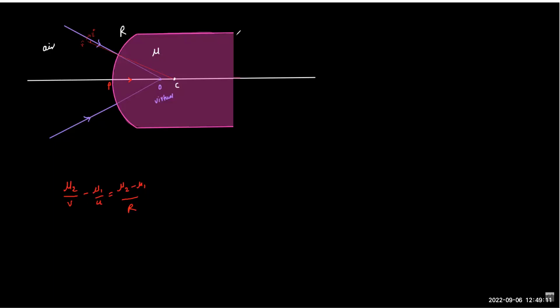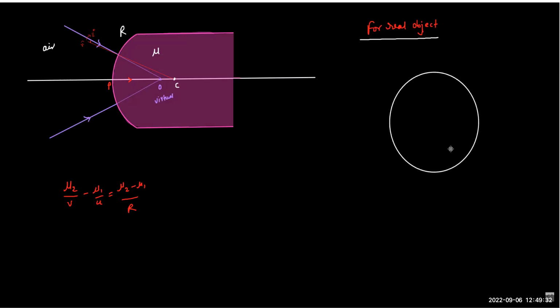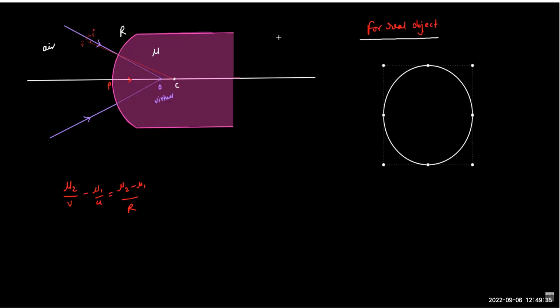Okay. So for a real object, u is negative.